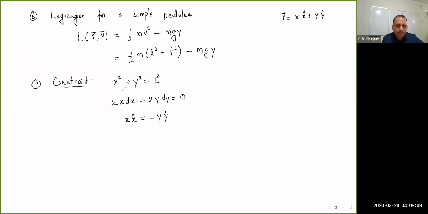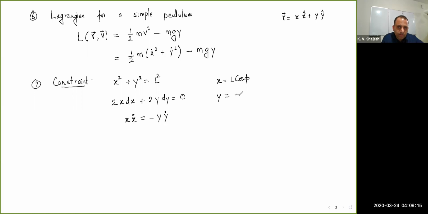We know that if things are constrained on a circle, we have x equal to L cosine phi, in terms of the variable phi introduced in the diagram on the first page, and y equal to L sine phi.